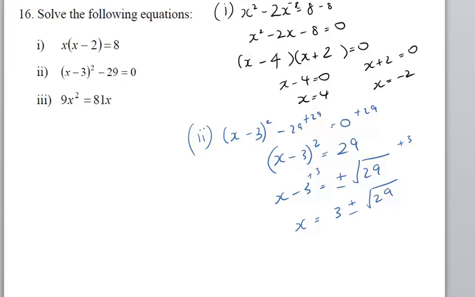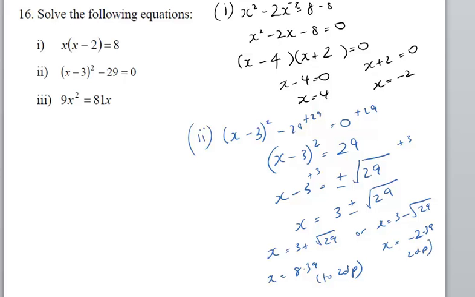So we can leave this in exact form and have, well, x is 3 plus the square root of 29, or x is 3 minus the square root of 29, or we can round this off and we put this in our calculator and we should get 8.39 to 2 decimal places, and x is equal to negative 2.39 to 2 decimal places.